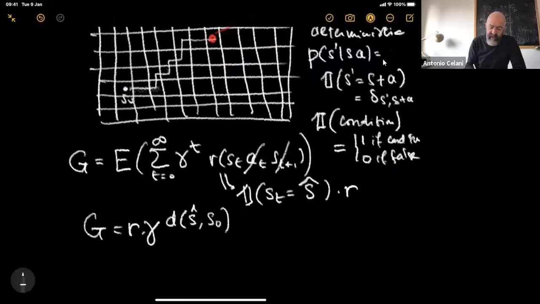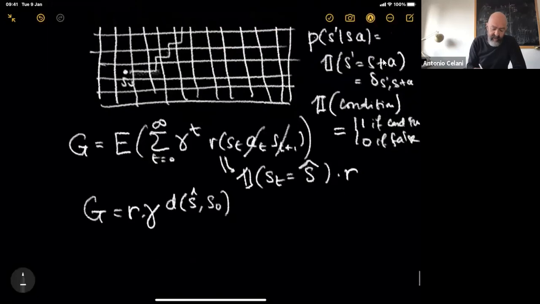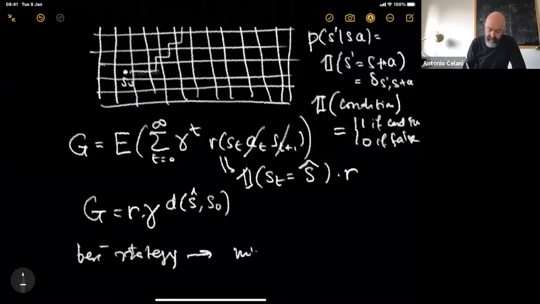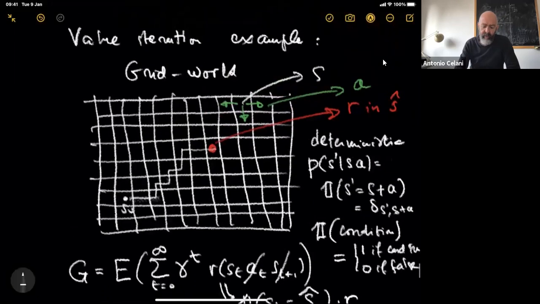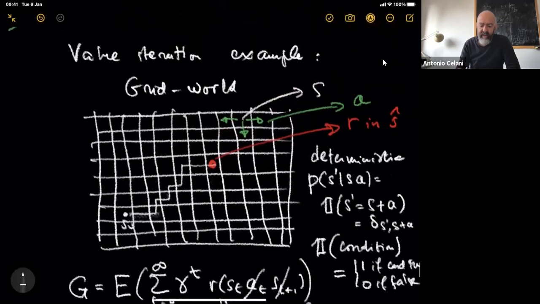Of course, the key thing is that the best strategy is to minimize D. So this problem of grid world with a single point here is equivalent to finding the shortest path from any point to the target.